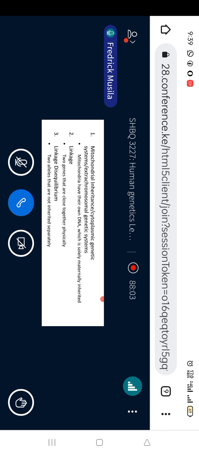For the sperm, you find that the sperm will lose most of the cytoplasm in the process of spermiogenesis. In that case, if the mitochondria were there, they will disappear. So you find that those genes from the male parent in the cytoplasm are not inherited. Most of the cytoplasmic genes, or genes found in the mitochondria, that are passed to the next generation are the ones from the maternal side.